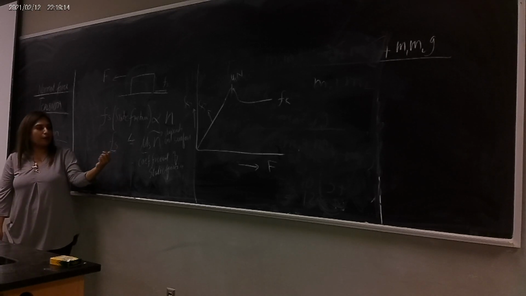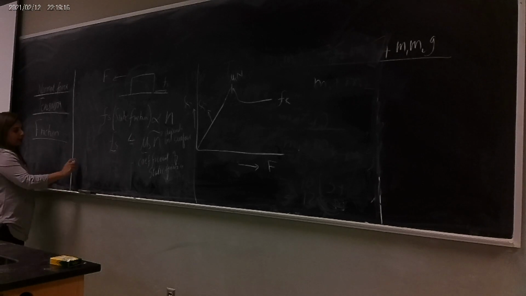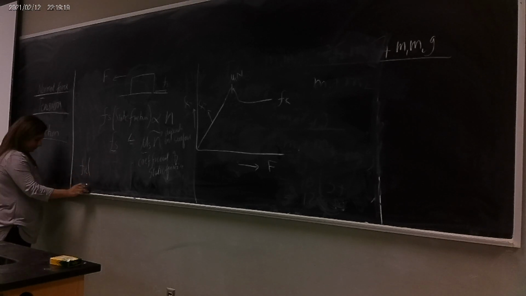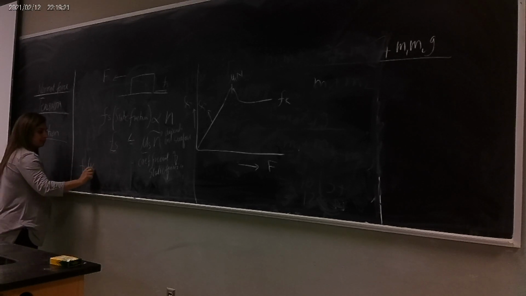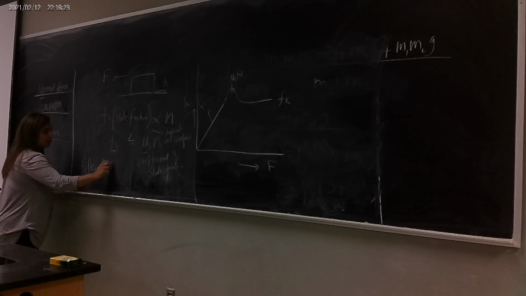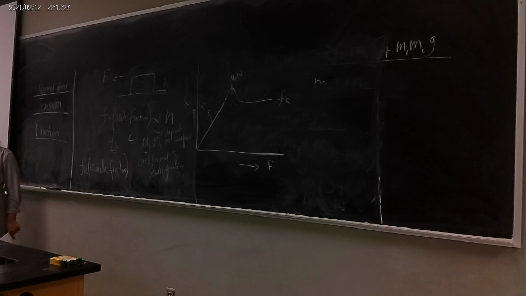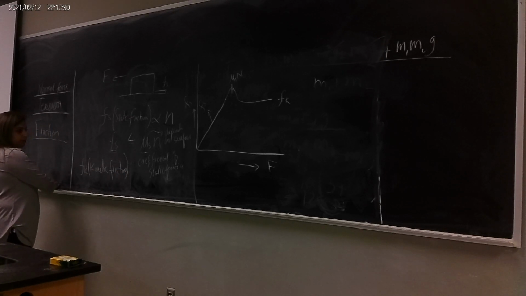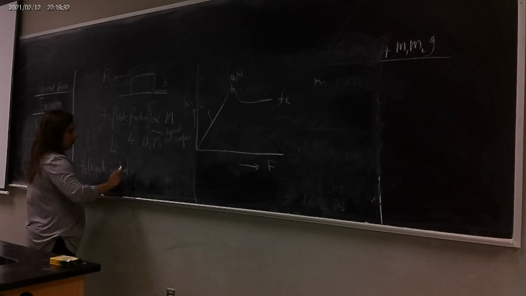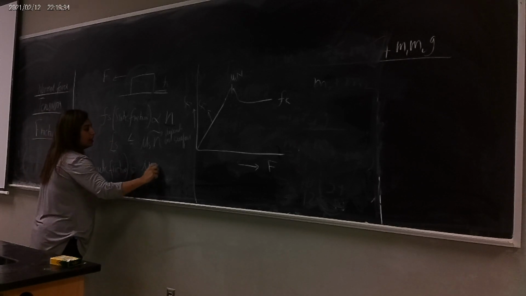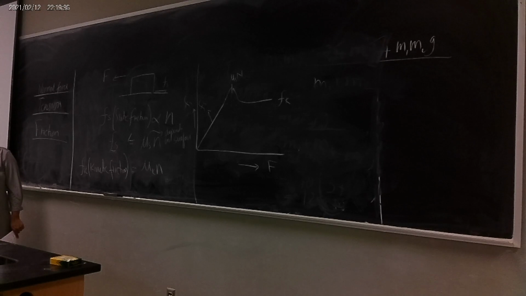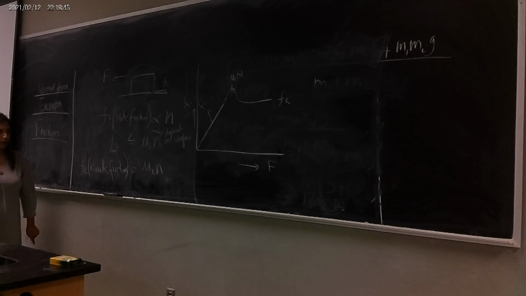When the object has started moving, it is called kinetic friction, Fk. And Fk is also equal to mu k N. Now I didn't put the less than or equal to sign there. It is equal to that because after the object has started moving, it will maintain a friction.